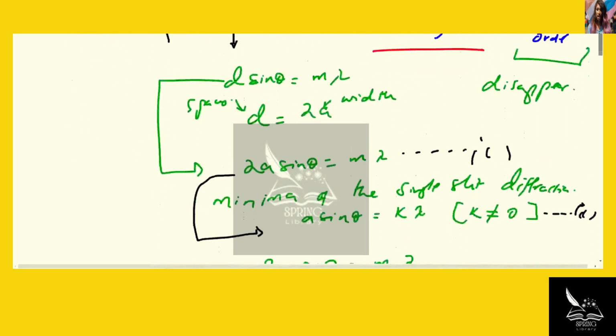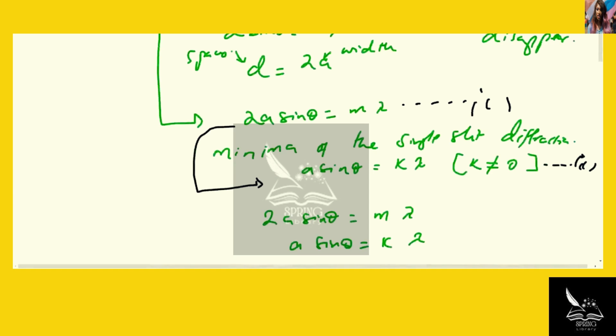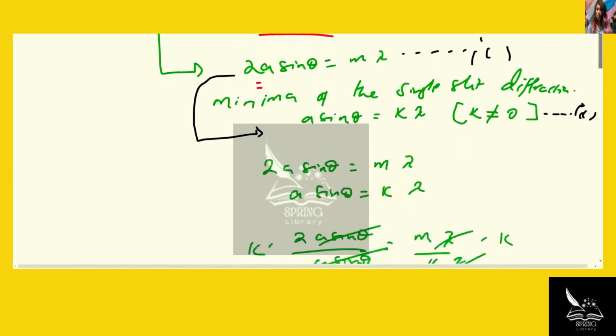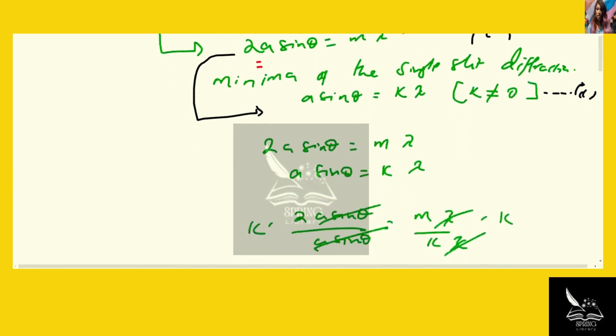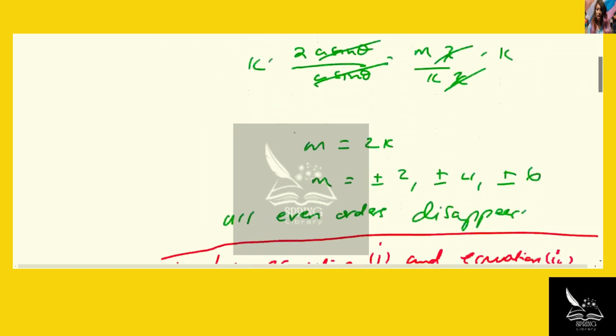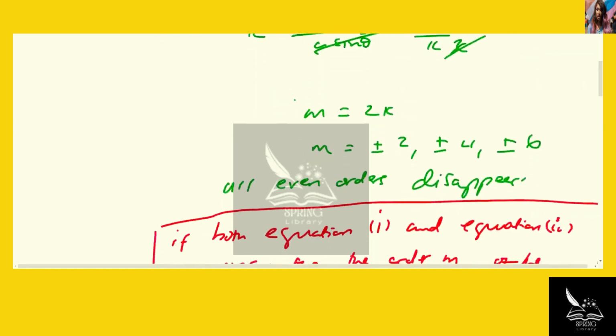So we start with the fact that d sine theta is m lambda, d is 2a, and so 2a, we do a replacement of d in the equation. 2a sine theta is m lambda, and a sine theta is k lambda. That's the minimum case. We divide them into each other and we end up with m equals 2k, and so all the even orders disappear.